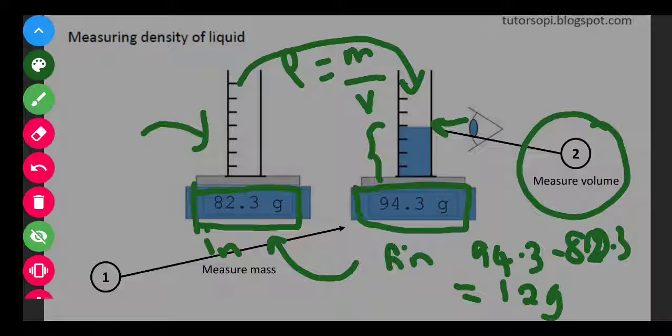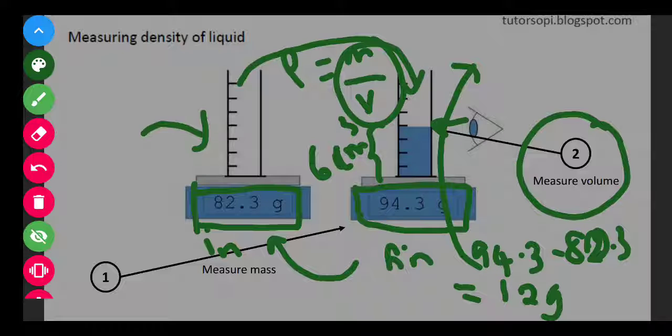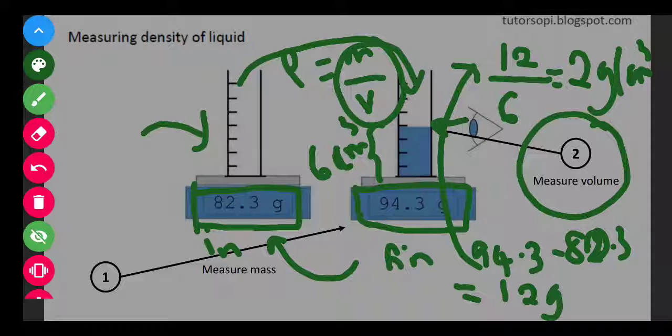Katakanlah the volume adalah 6 cm cube, then the formula untuk density adalah, tadi kita belajar rho sama dengan mass per volume kan. So mass dia adalah 12 gram bahagi dengan volume dia adalah 6. So dia akan jadi 2 gram per cm cube. So itu adalah density of liquid.